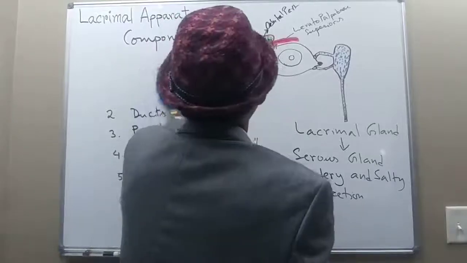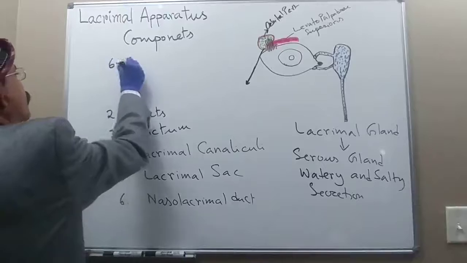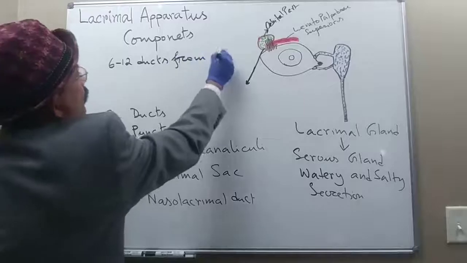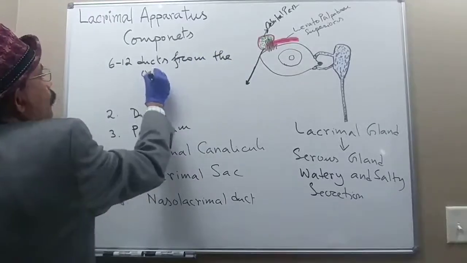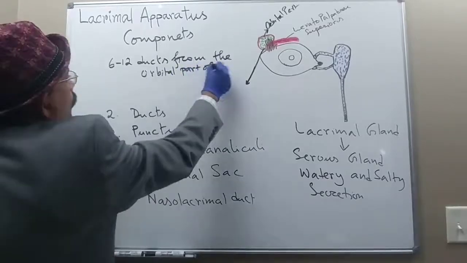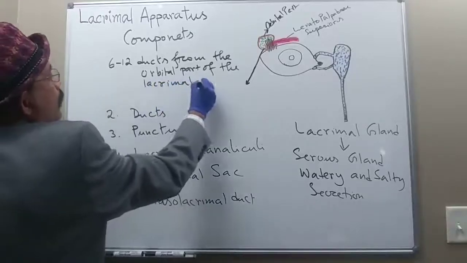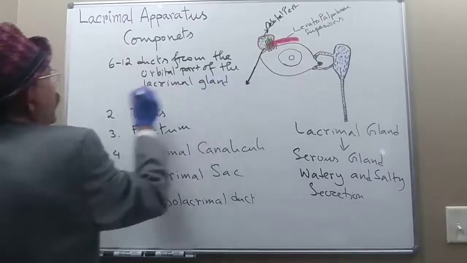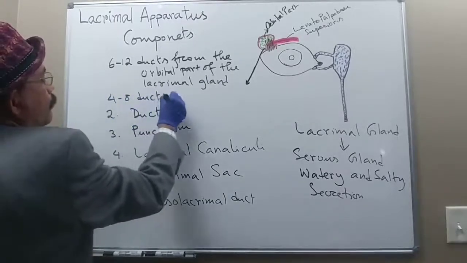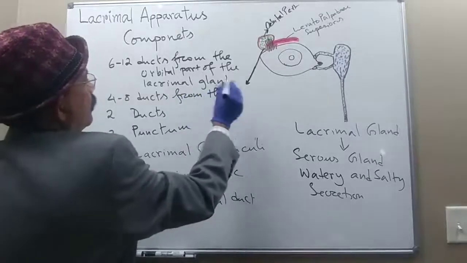Now we'll go to the lacrimal ducts. We have around 6 to 12 ducts from the orbital part of the lacrimal gland, and around 4 to 8 ducts from the palpebral part of the lacrimal gland.